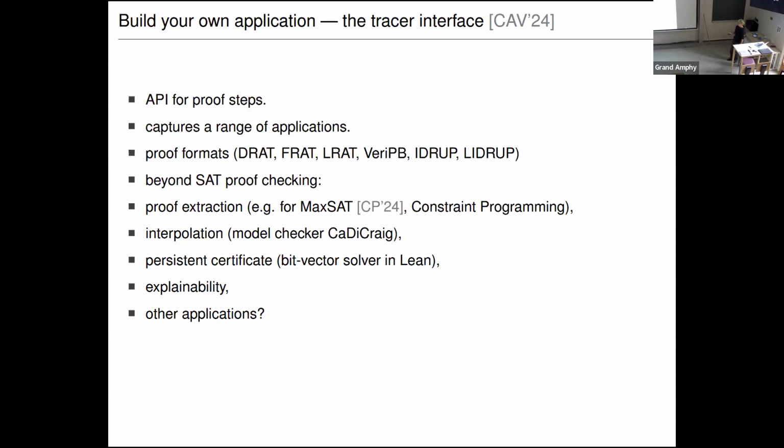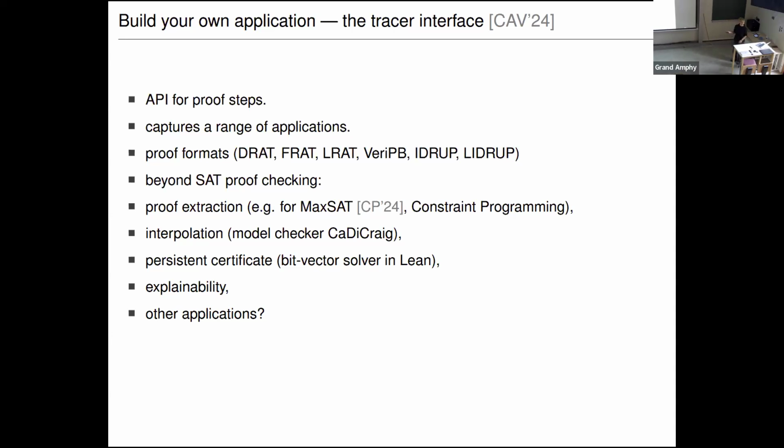You can do more, so you can extract the proof to convert it or to combine it for a bigger proof, like Tobias Paxian's MaxSAT solver does. So he's doing VeryPB proofs, and he extracts subproofs from CaDiCaL, and he can do this with this interface.